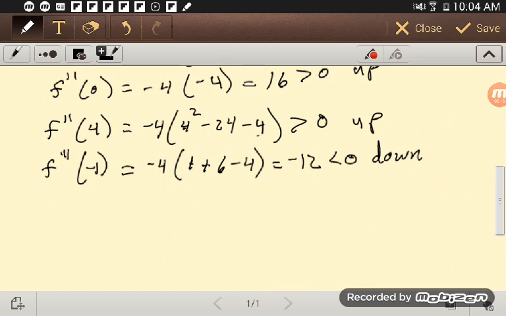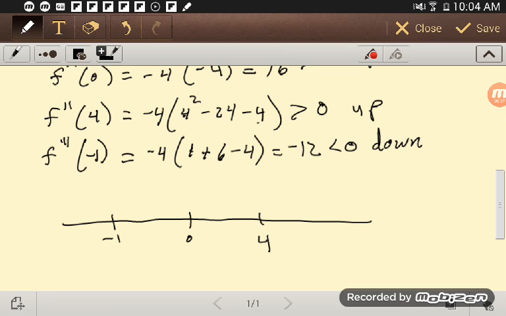And so let's try to get an idea of what we have here. So we've got minus 1, 0, and 4. It says we are concave down here, concave up there, and concave up here. I messed something up. Sorry about that.